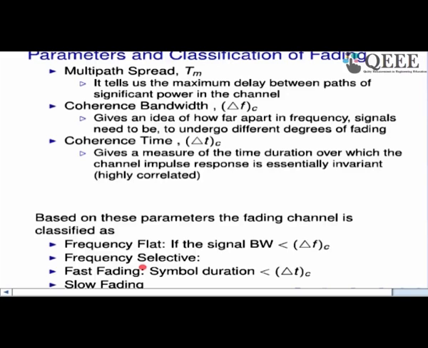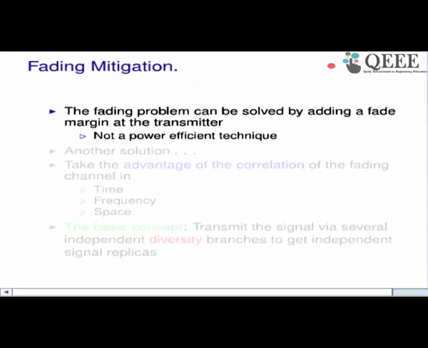If the symbol duration is small, then repeated durations will see the same fade, so it is slow fading. I hope that is clear. It's just a recollection of your wireless communication basics.